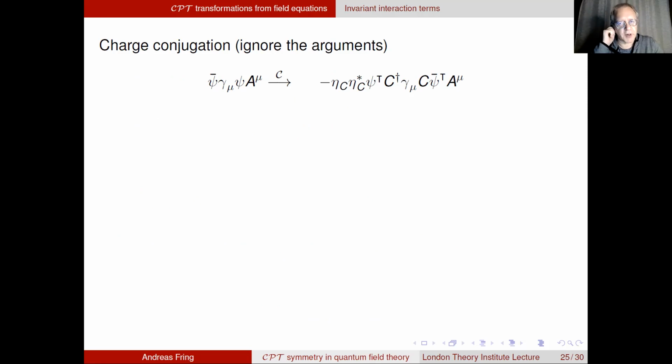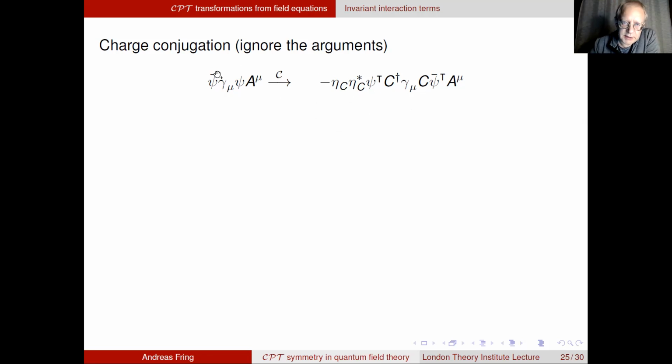And I'm simplifying the notation even further, and I also ignore now the arguments. So we understand that on the left-hand side, we sometimes have x, and on the right-hand side, it might be minus x, minus t. Nothing changes when we have charge conjugation; it is also x and x on the left and right-hand side.